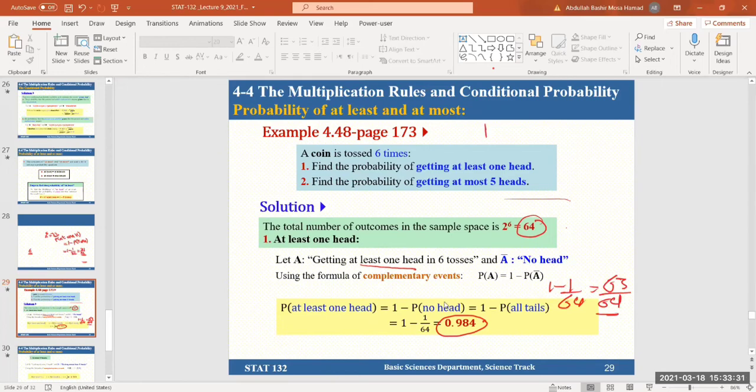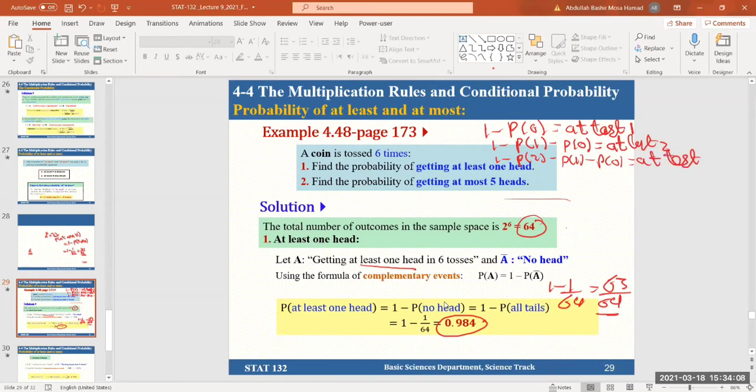Yes. 1 minus P of 0 when they ask about at least 1. 1 minus P of 1 minus P of 0 if asked about at least 2. 1 minus P of 2 minus P of 1 minus P of 0 if they ask about at least 3.